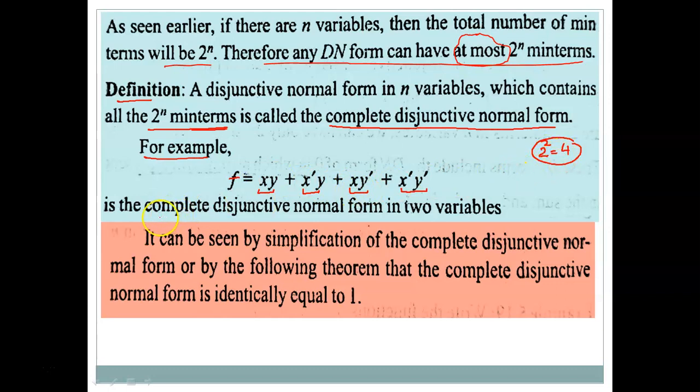So this Boolean function f has been expressed as a complete disjunctive normal form. It can be seen by simplification of the complete disjunctive normal form, or by the following theorem, that the complete disjunctive normal form is identically equal to 1.